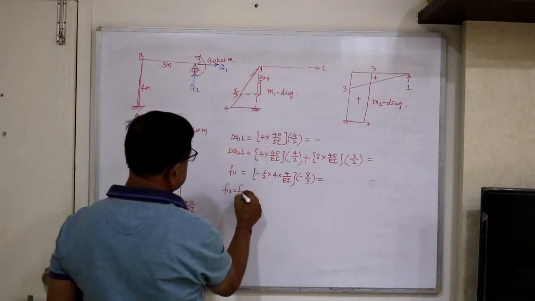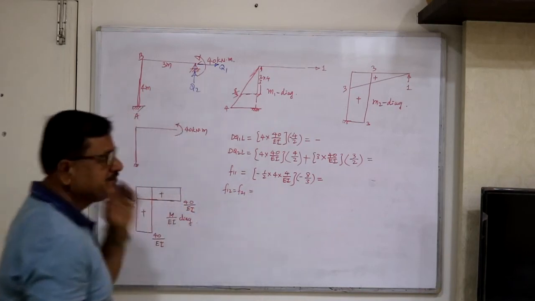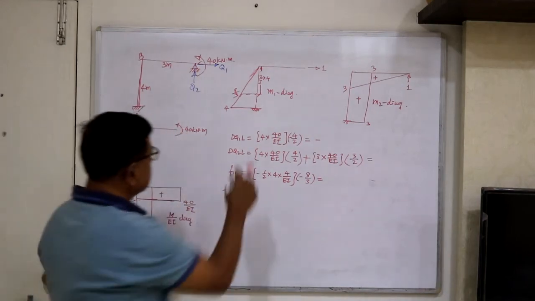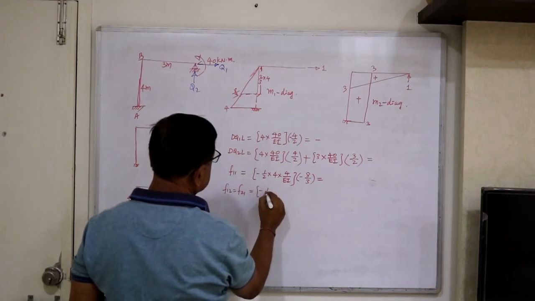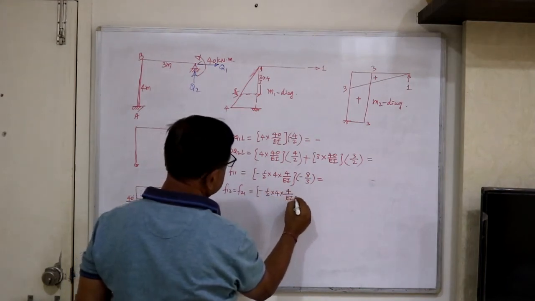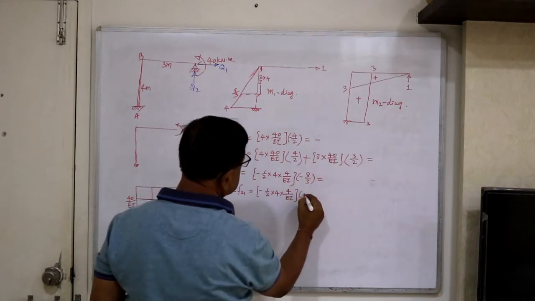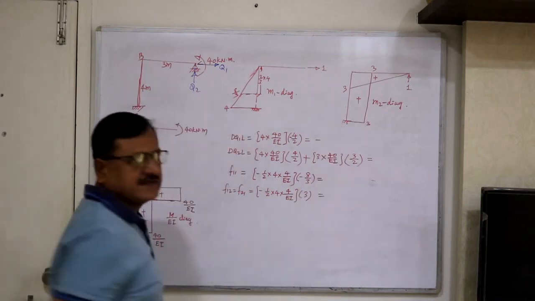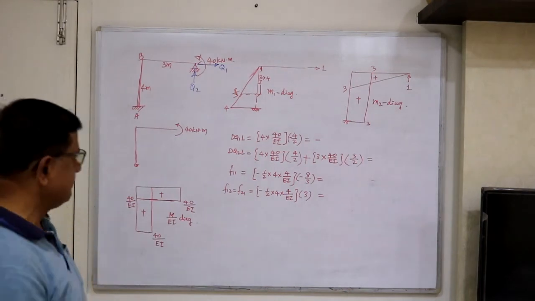F12, F21 equals, taking the area of one diagram, this triangle, minus 1/2 base into height divided by EI into ordinate 3, because that is a rectangle and everywhere the ordinate is 3.